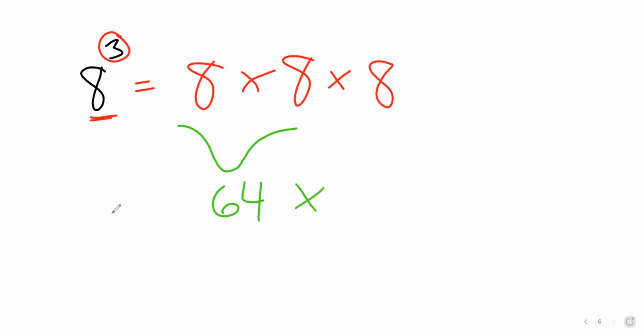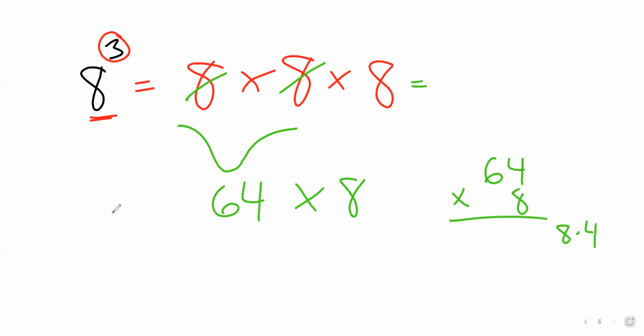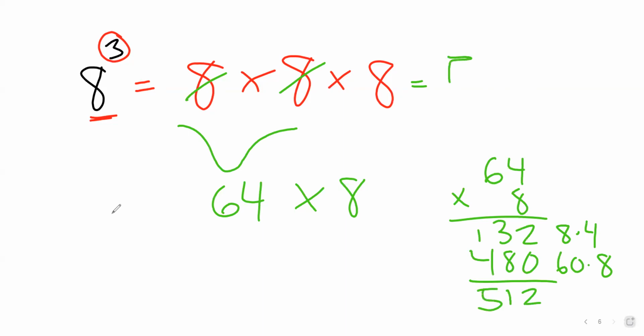And that's these two 8s. I still have to take 64 and multiply it by 8, which I don't know off the top of my head, so I'm going to do some partial products. So 512. So 8 to the power of 3 is equal to 512, which is interesting.